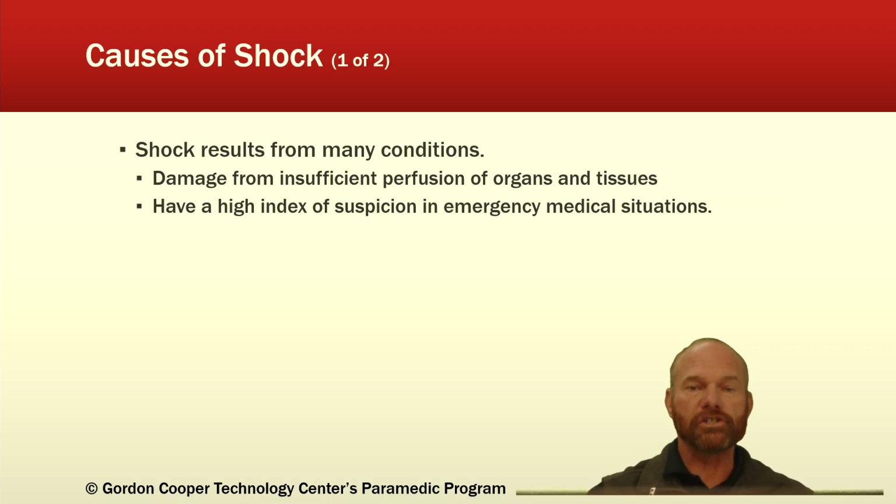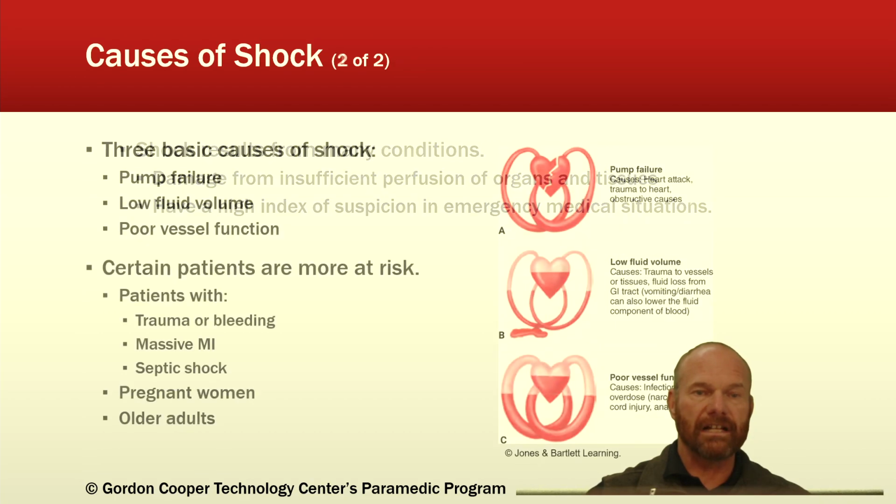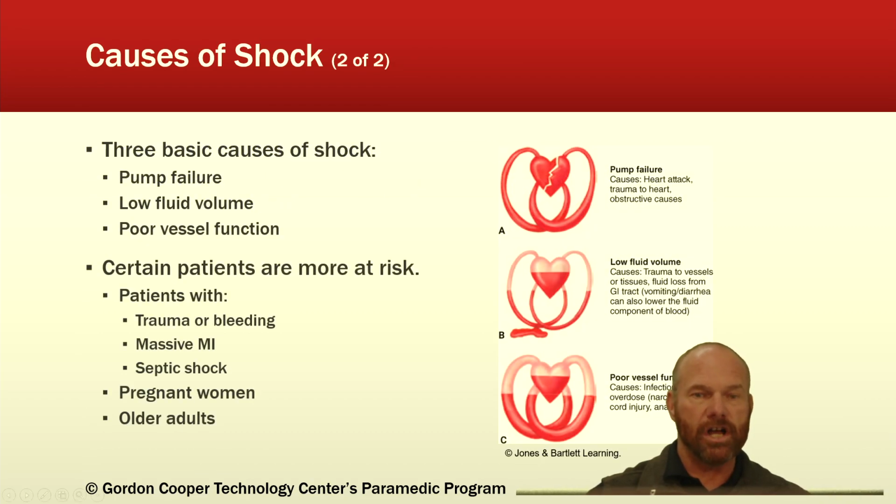And then abdominal or chest injury can lead to hemorrhage or organ damage. Spinal injury can cause neurogenic shock due to disruption of the autonomic control. Of course, severe infection, so sepsis, can lead to septic shock. A massive MI, a heart attack, can decrease the cardiac output and the perfusion. And then anaphylaxis as well, so severe allergic reactions can lead to distributive shock. So there's lots and lots of things going on here within shock.